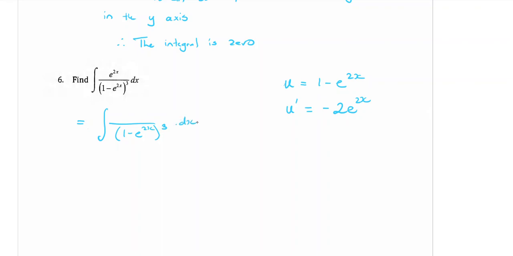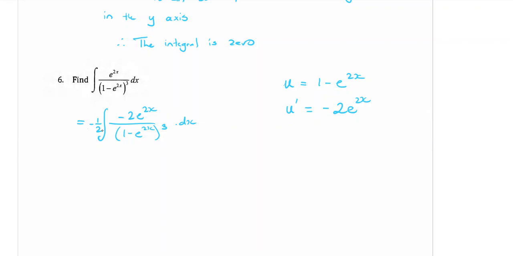I need the top to be the u dash, which is the minus 2e to the 2x. I have changed the question, but it's close. Okay, I had the e to the 2x, e to the 2x. The only thing I've added is that minus 2 in there. So how do I compensate for timesing that minus 2 in there to make it the same as the original question? I times by -1/2 out the front.